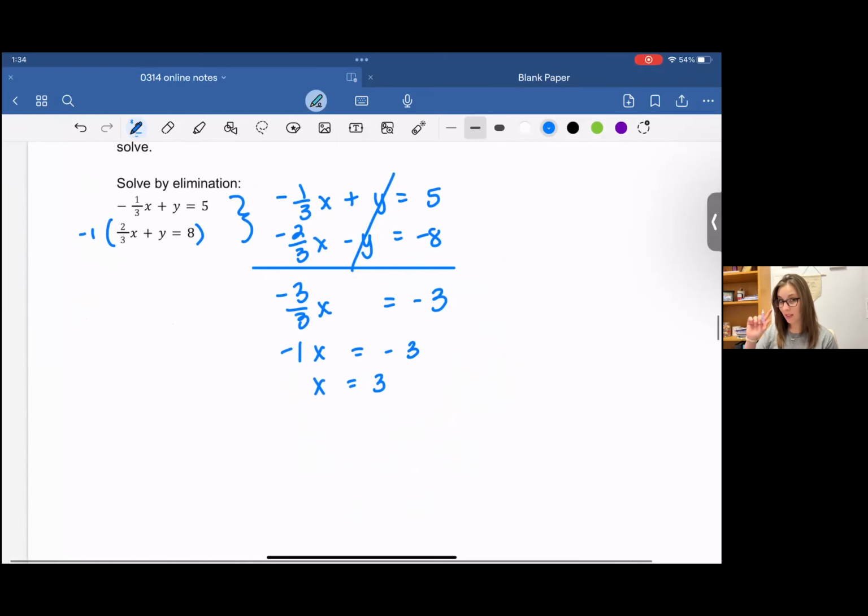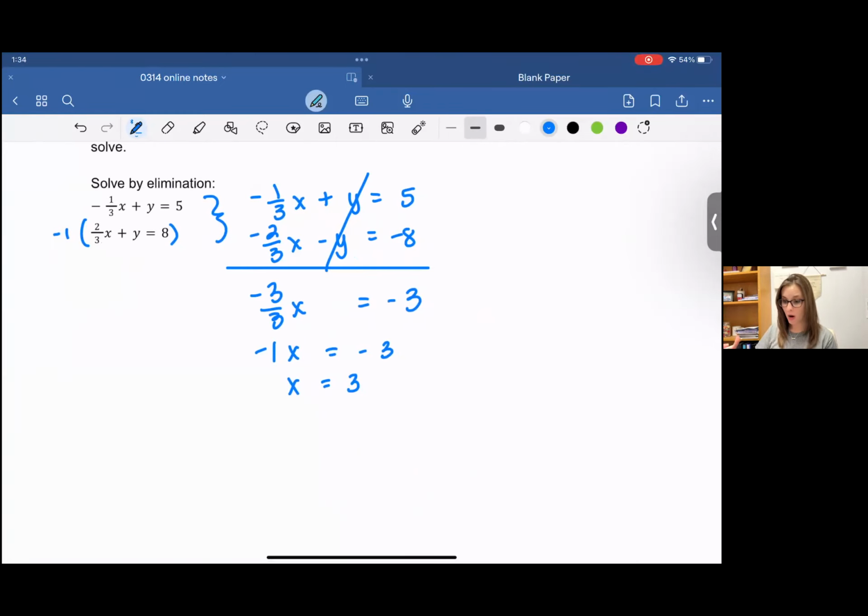Now I can use that to find the y value, and I can use either equation. I'm just going to use the top equation, 1/3 times x, not plus, I messed that up. Struggling. Times, oh my gosh, I did it again. X is 3.